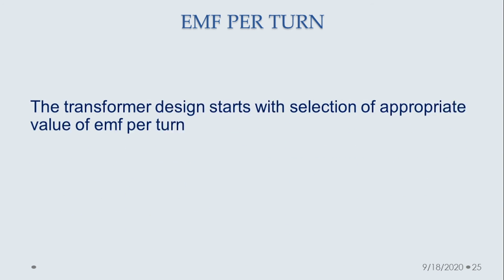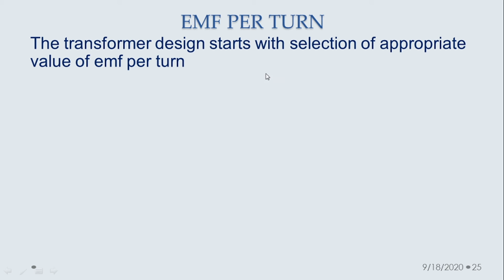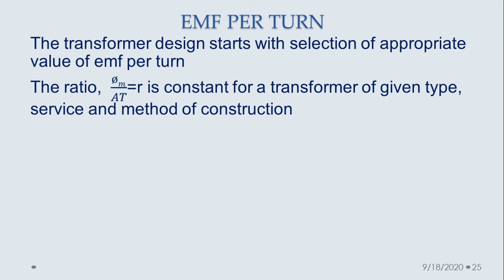Next we have to learn about the EMF per turn. The transformer design starts with the selection of an appropriate value of EMF per turn, so this selection is an important part of transformer design. The ratio phi-m by AT, that is flux phi-m divided by ampere turns, is equal to R, which is a constant for a transformer of given type, service and method of construction.